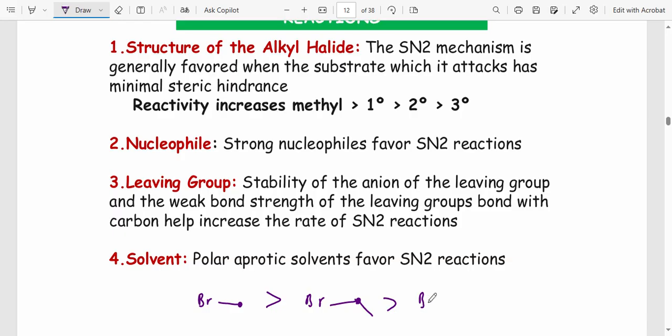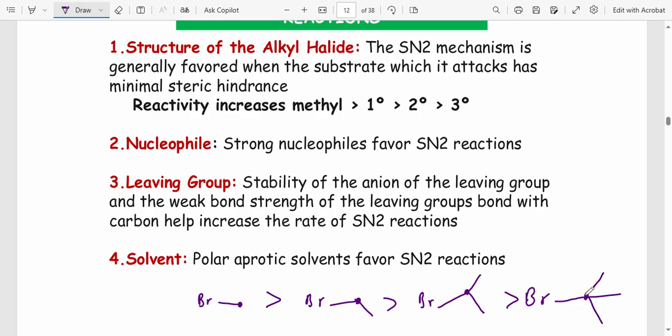You have got a bromide attached to this carbon, but this carbon is attached to two other carbons. You also have a tertiary alkyl halide where this carbon is attached to three other carbons.